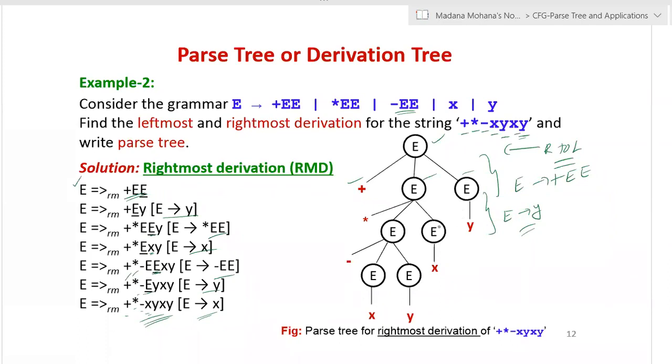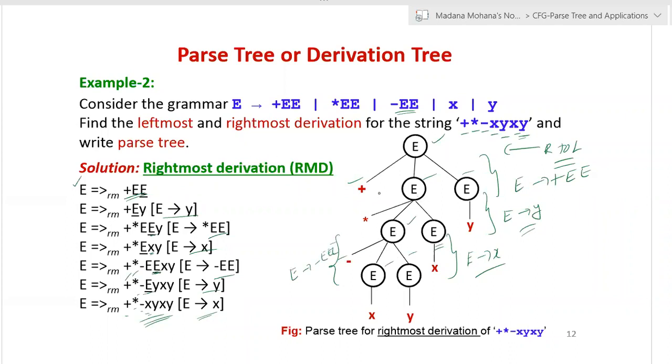Then what we did, the next rightmost E, this one. We substituted this E by terminal x. So for this the production is E derives x. Then the next variable E is replaced by minus EE. For this the corresponding production is E derives minus EE.